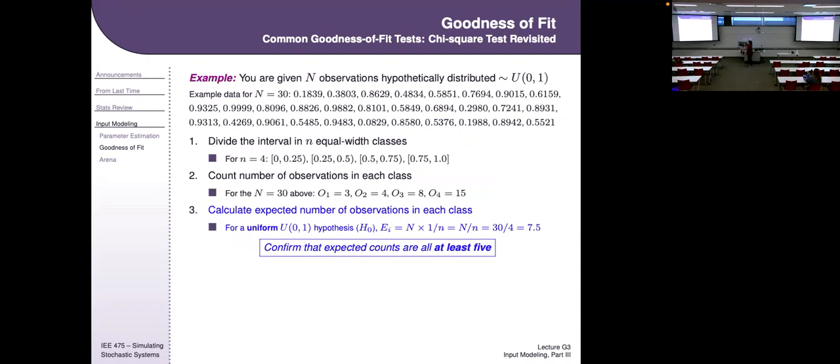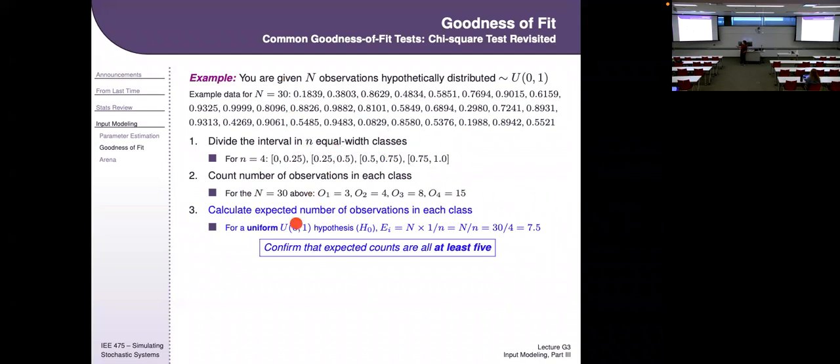Okay, so this is the example from before the midterm: I give you a bunch of points and I want to test whether they're uniformly distributed. Now we can look at it through the lens of our generic chi-squared test. We cut it up into 4 classes and count how many observations land in each class, and there are our observed numbers.